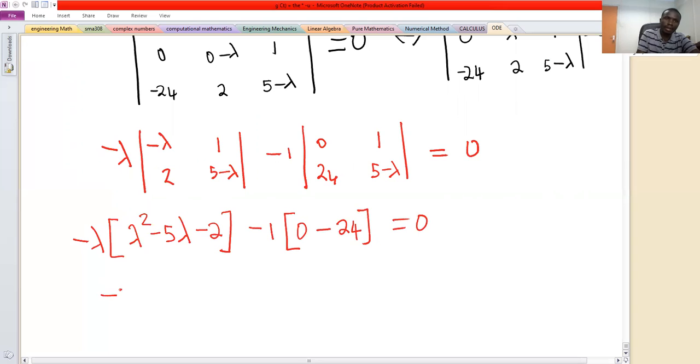Now minus lambda cubed plus 5 lambda squared plus 2 lambda minus, so this is plus now, minus will be now plus 24 equals 0.